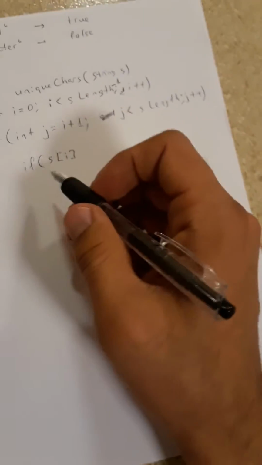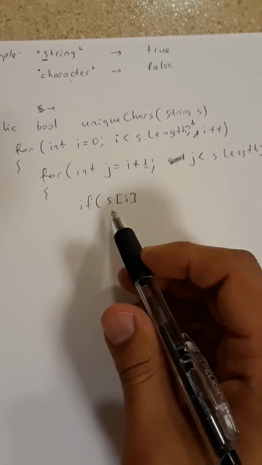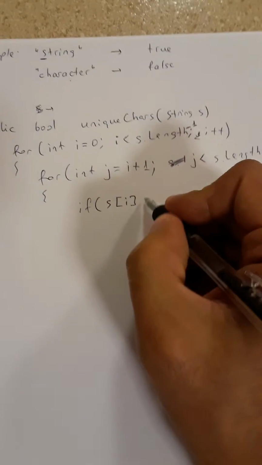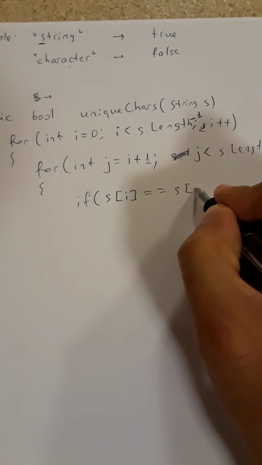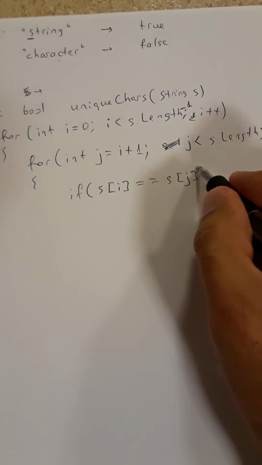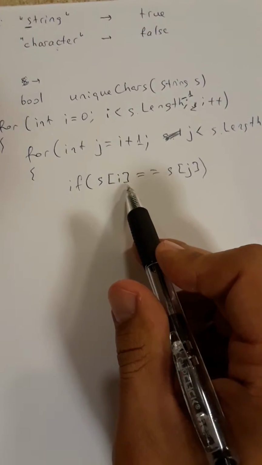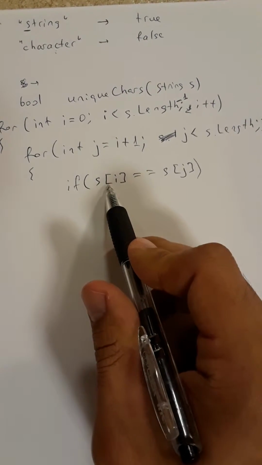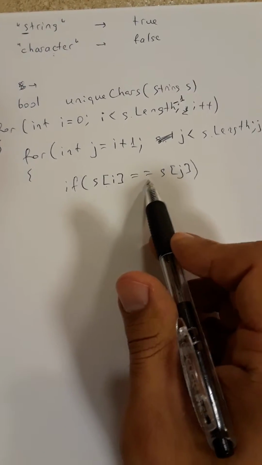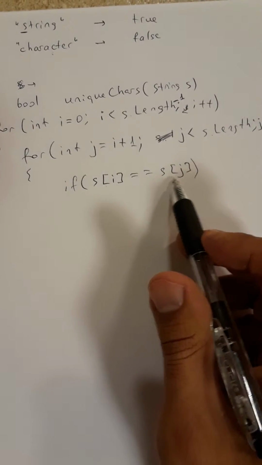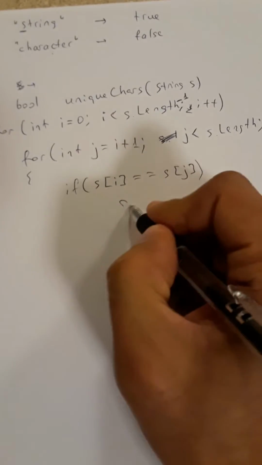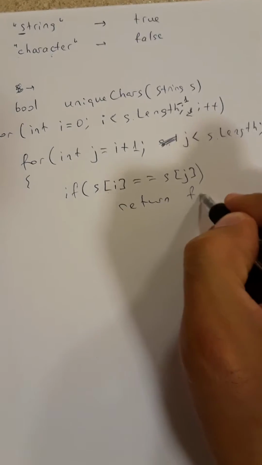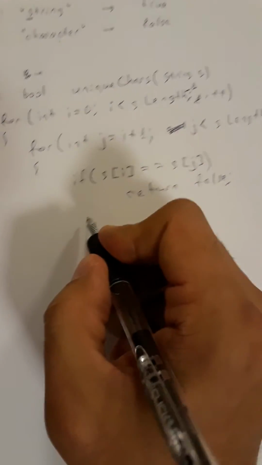Here I'm just directly indexing within the given string and comparing characters in the string between each other. And here I'm saying that if my first element is equal to the next element or some other element within this string, I will just return false.